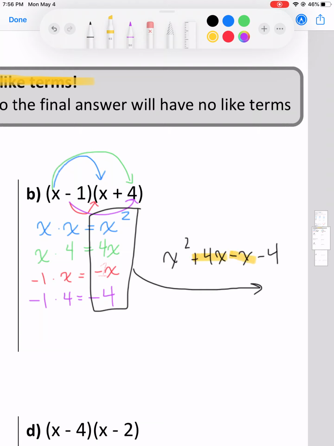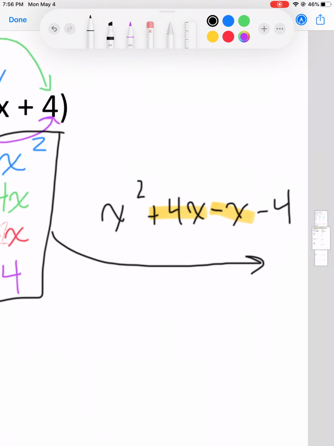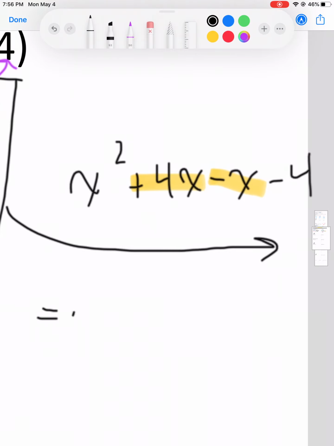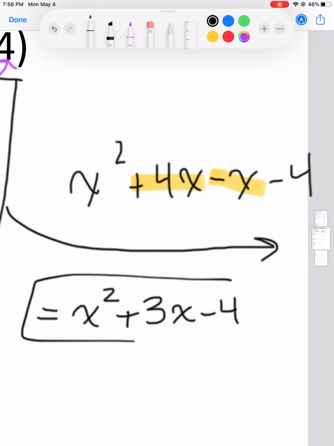So we're going to have 4x minus x, and then negative 4. So, what do we got? X squared. What's 4x minus x? Essentially, what is 4 minus 1? It's 3. So, that's your answer.